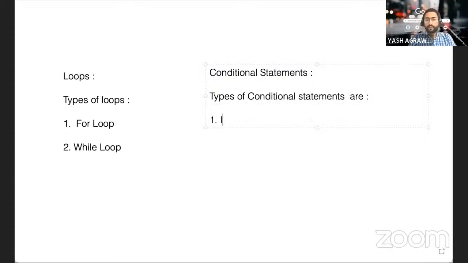First is the if condition. Second is the elif condition. Third is the else condition. So we have two different types of loop, for loop and while loop, and three different types of conditional statements: if, elif, and else.